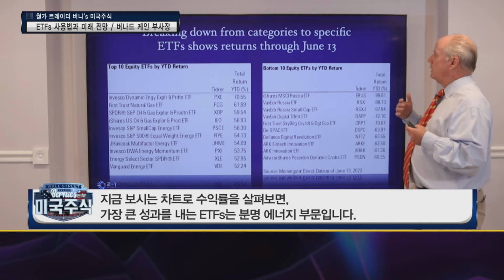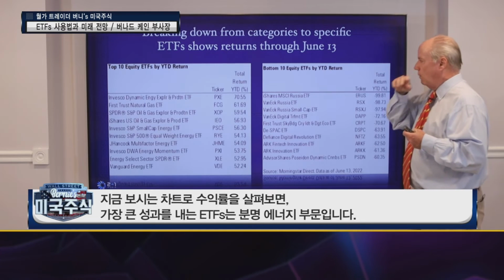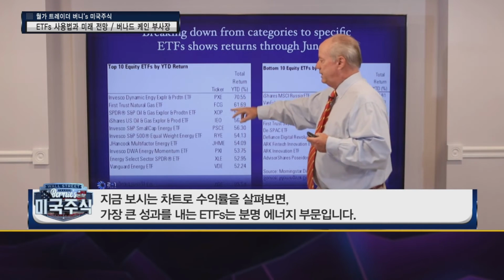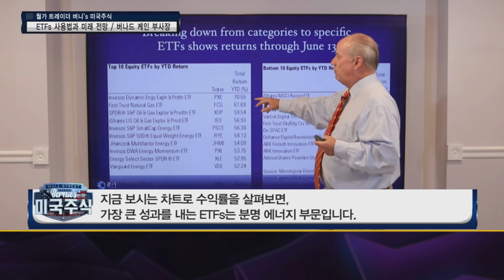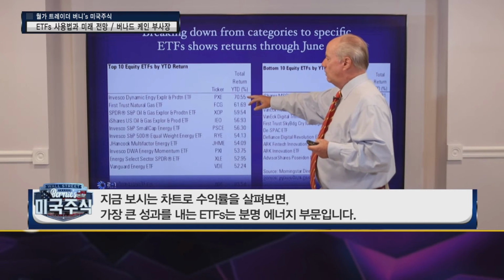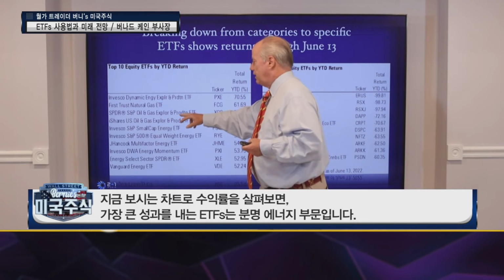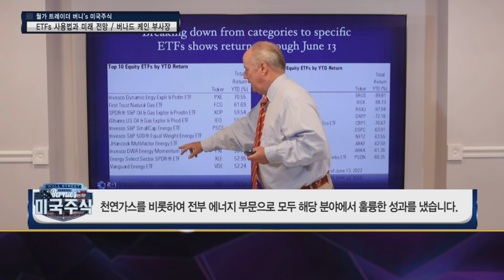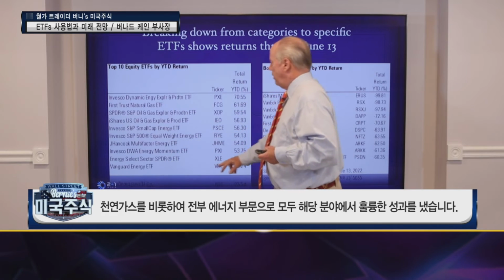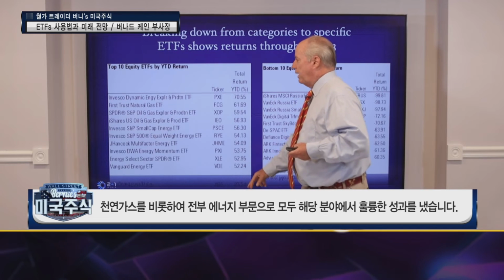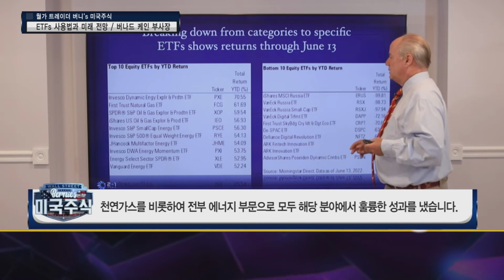So when we look at returns right now, if we look at the biggest performing ETFs, obviously energy, natural gas, energy, they've all been the great performers within that space.